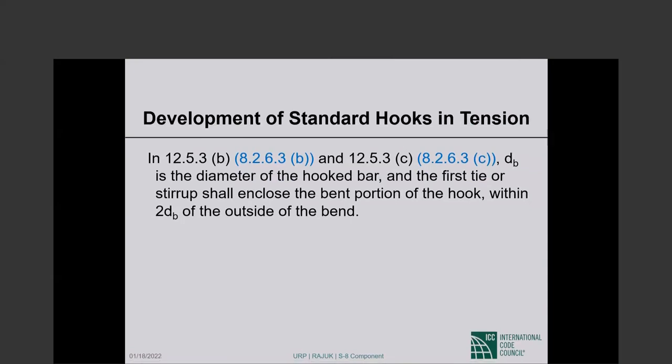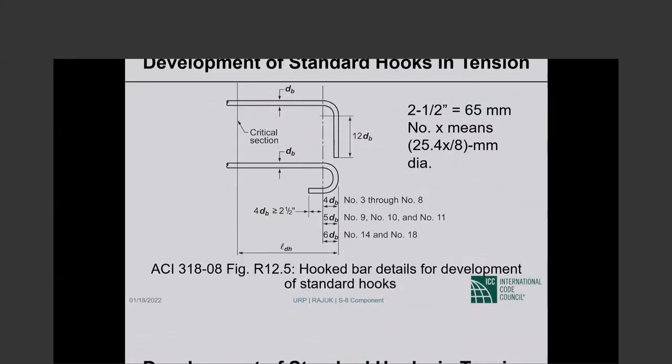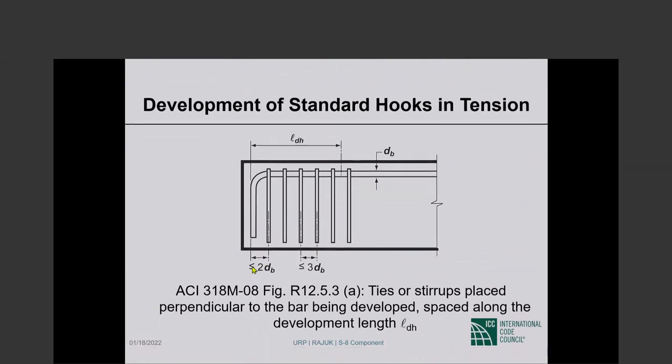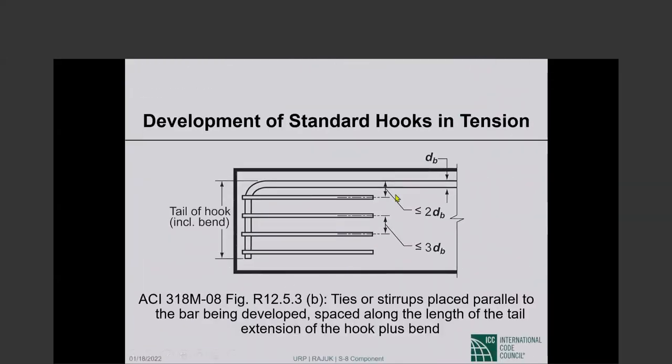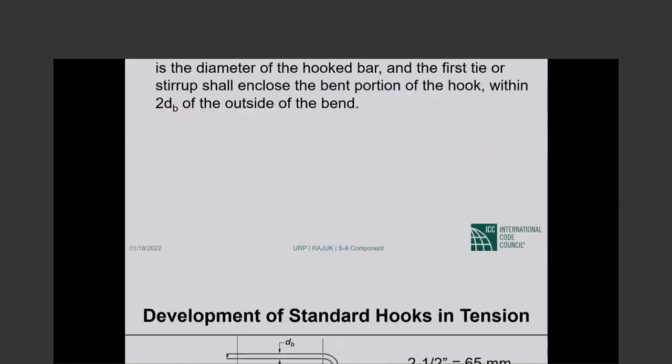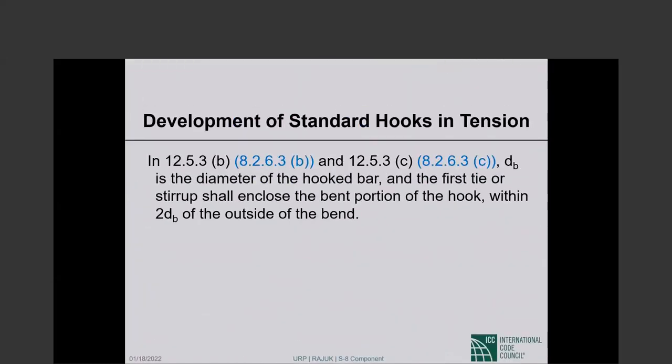So this is talking about the very first one being no more than 2 bar diameters from the end of the hook. Or in the other picture, this has to be no more than 2 bar diameters. The first one has to be placed within 2 bar diameters of the end of the bar or the hook. So that's all this is talking about.